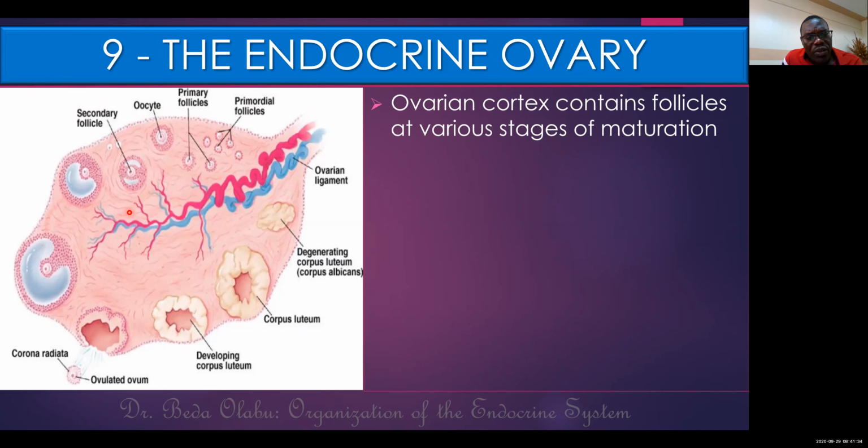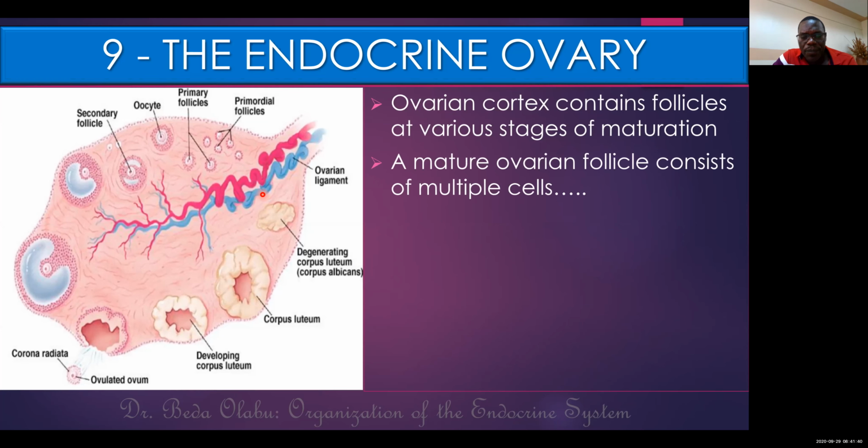The ovarian medulla contains connective tissue and blood vessels. If the cortex contains the follicles at different stages of maturation, then you realize that there are follicles which have very few cells, but there are those which are very prominent.